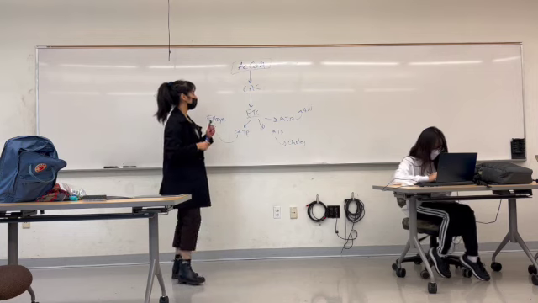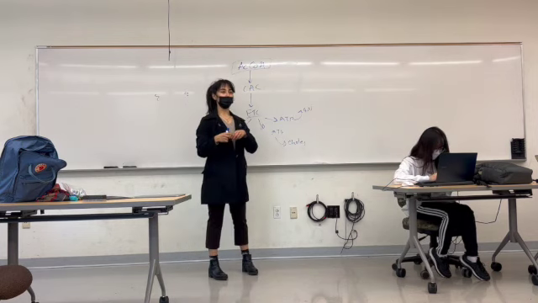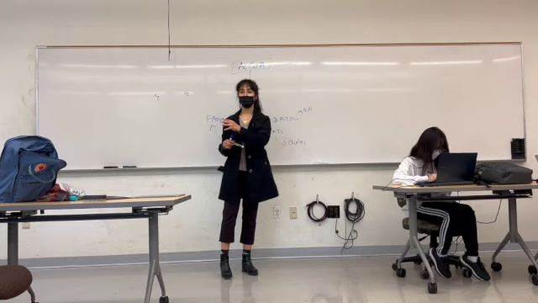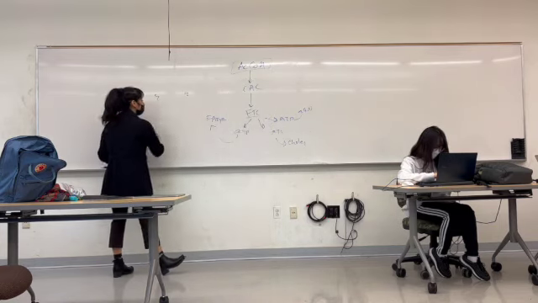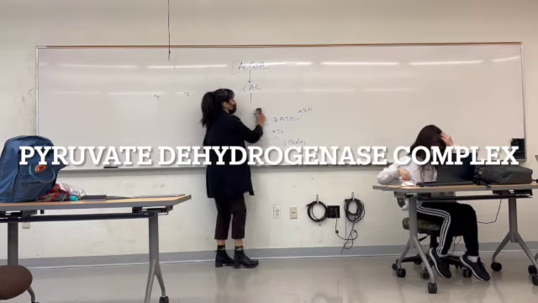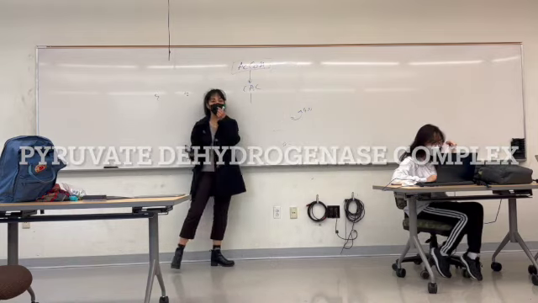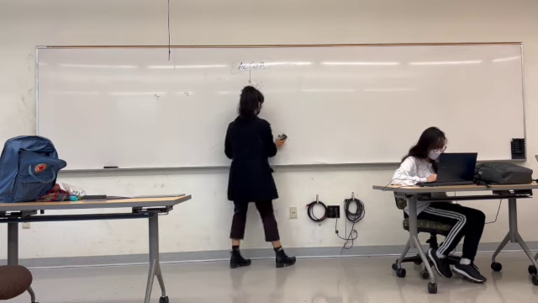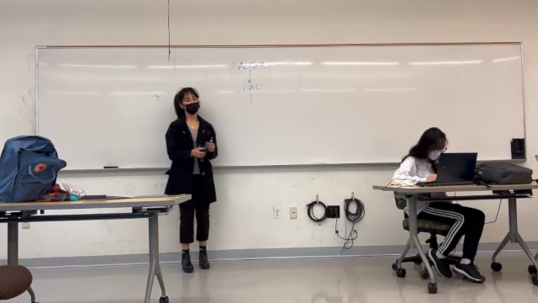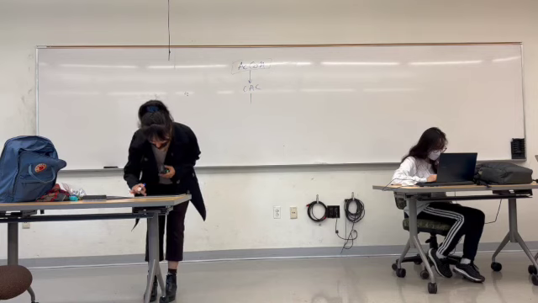So now you have to talk about how you get to acetyl-CoA. How do you actually get this product? Well, that's where the pyruvate dehydrogenase complex comes into play. There is a picture in the slides, slide 13.